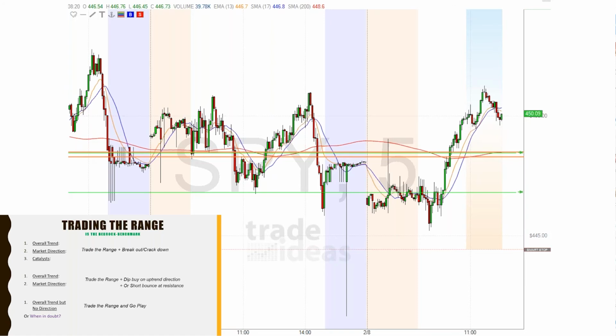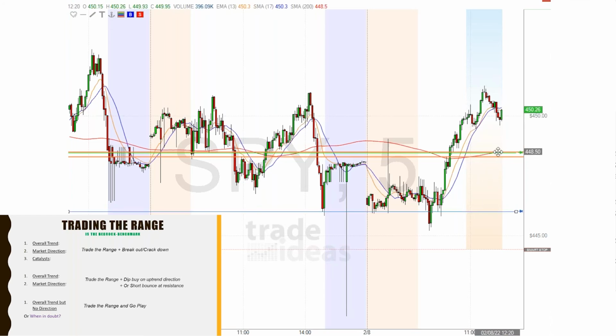The buffer zone is within the small range. So the main range is right here, 446 and 448, and more above and more below to 445. Let's take a look at it. This is our 446, right there, and 448.